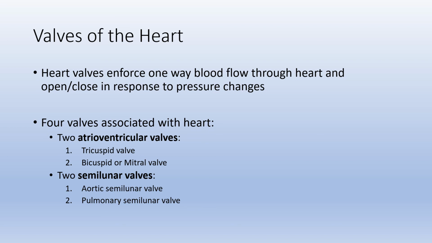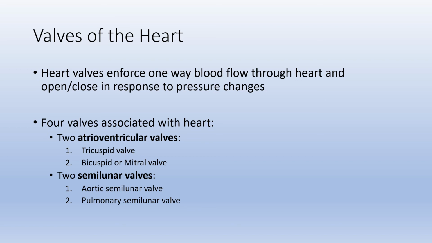There are 4 valves in the heart, as previously mentioned. We have 2 atrioventricular valves. These valves will separate the atria from the ventricles. The tricuspid valve will separate the right atrium from the right ventricle.